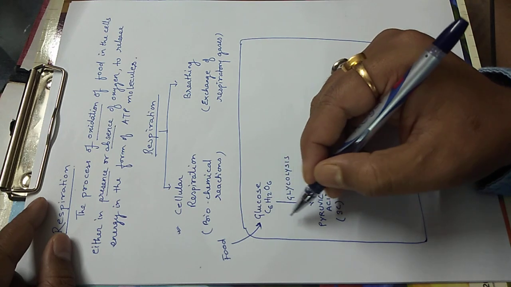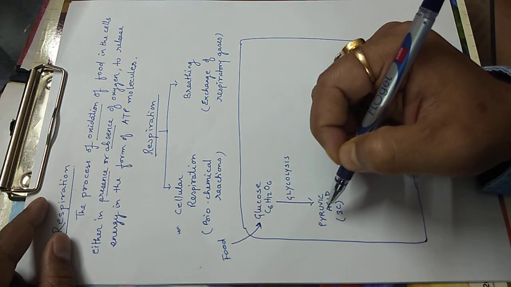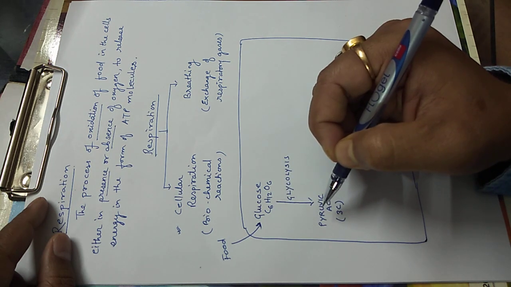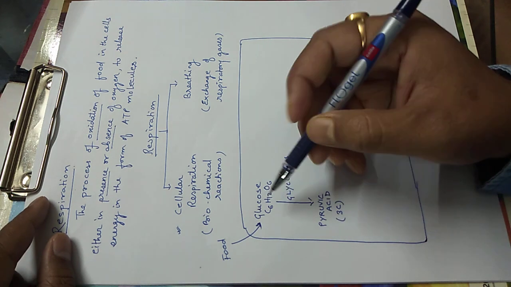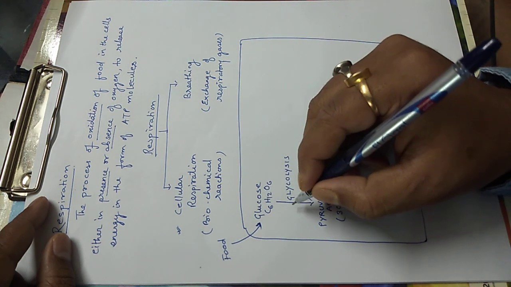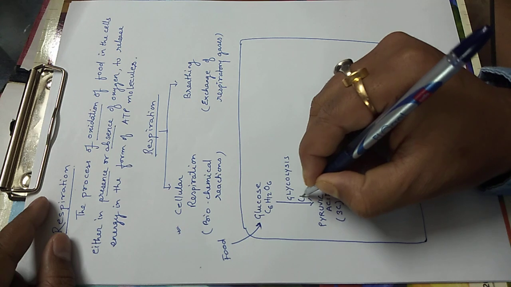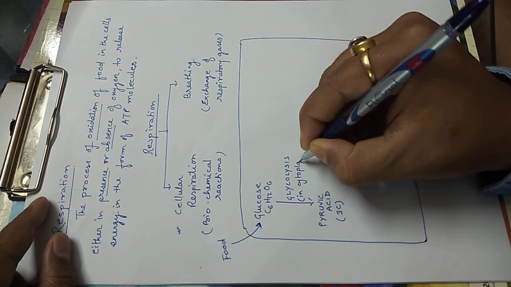So this is the initial step which occurs. Now this is not a single step conversion. There are multiple chemical reactions, but for your level we should just know that glucose gets converted into pyruvic acid, and this is called glycolysis. Now it occurs in the cytoplasm.